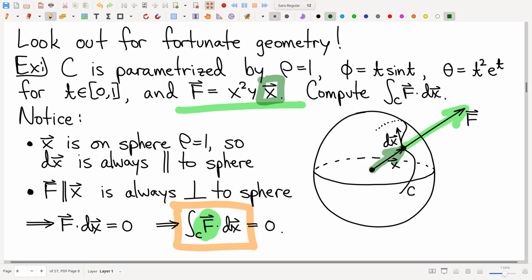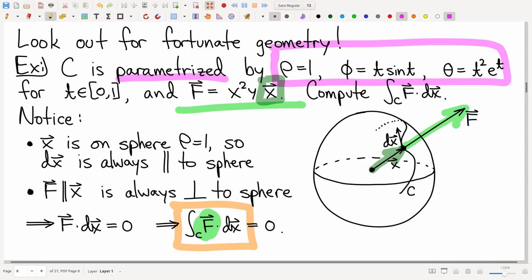Easy little geometric observation. Next observation, I've got a pretty wacky curve here. Right? This is a parameterization of sorts. I guess you could call this a spherical parameterization because I'm not giving you x, y, z as functions of time. I'm giving you rho, phi, theta as functions of time. And this is a pretty scary looking curve then, right? Because how do I find x, y, and z? Well, I do a bunch of trig to my spherical coordinates. Right?